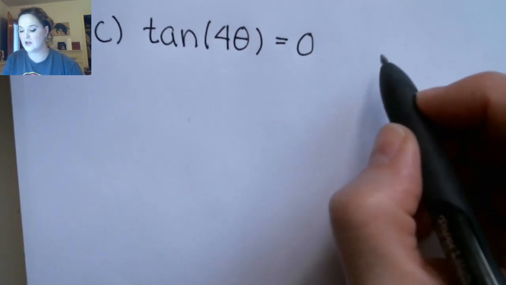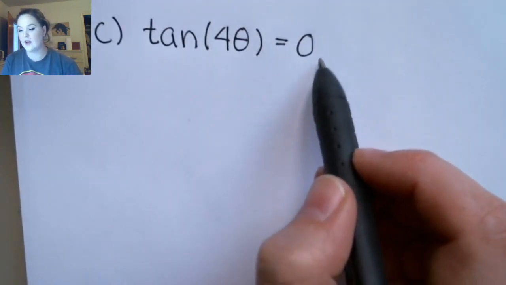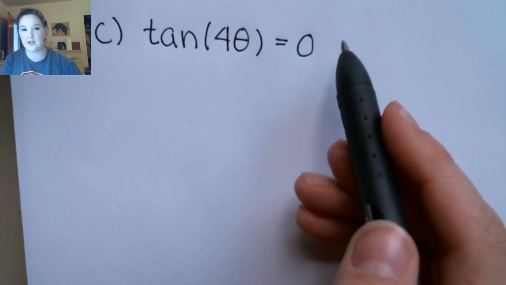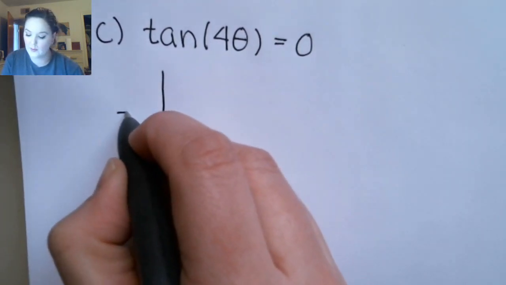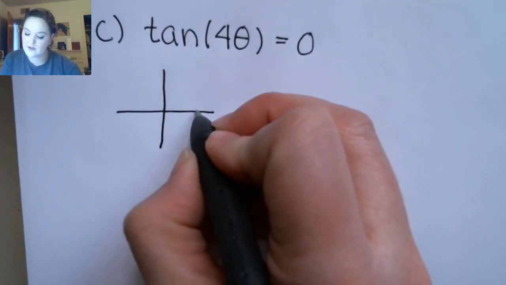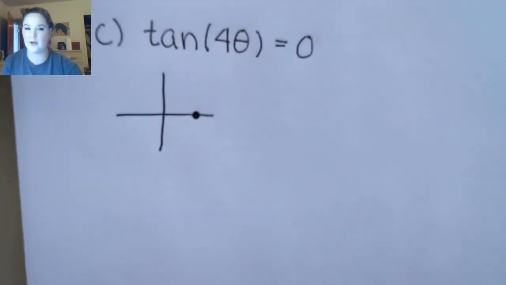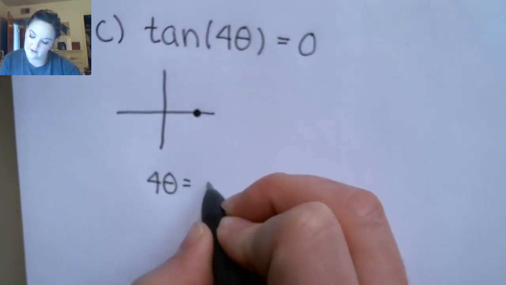So remember tangent is y over x. We know that in neither of the special triangles do we have tangent is 0. So we're looking at a quadrantal angle, and we want the y coordinate to be 0. Well, here's one point where the y coordinate is 0. So this would give us an angle of 0.